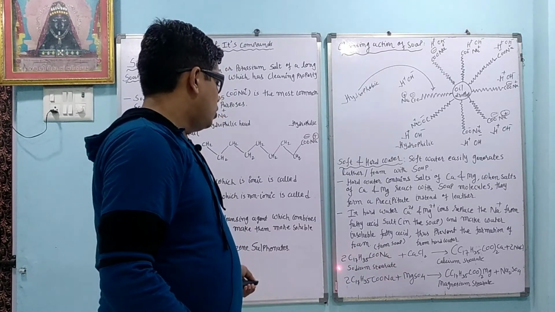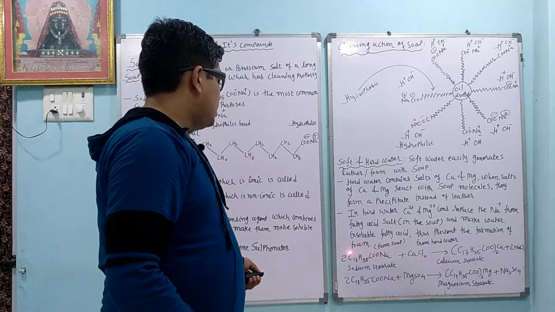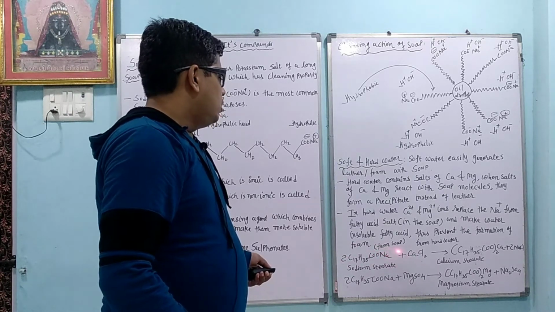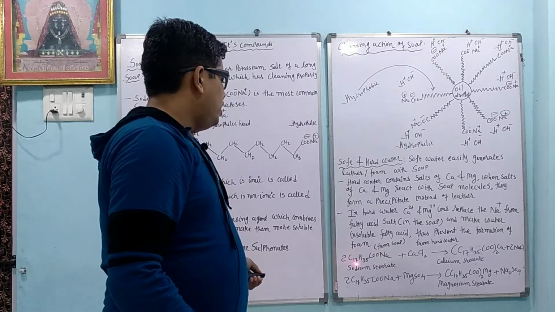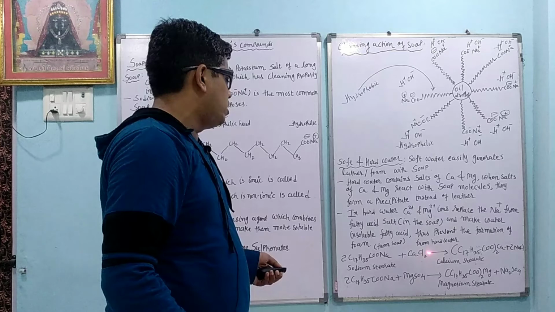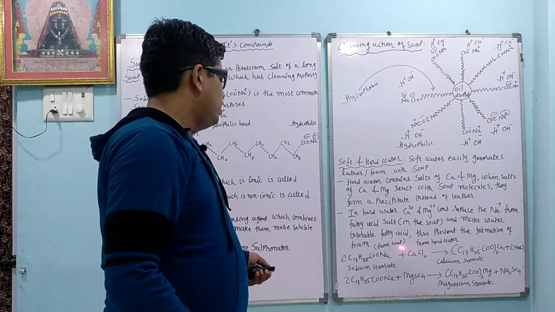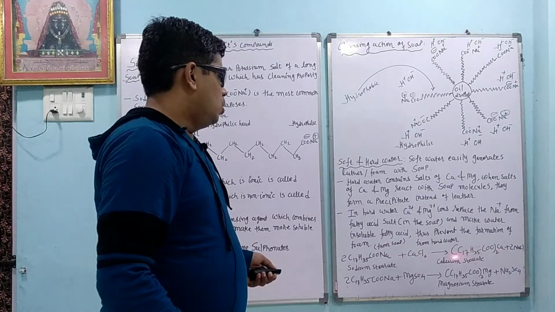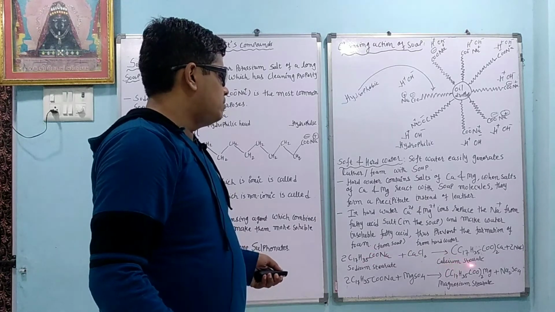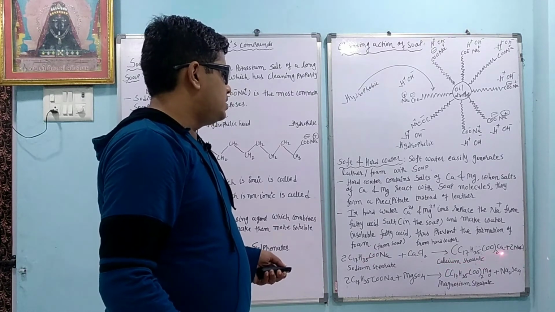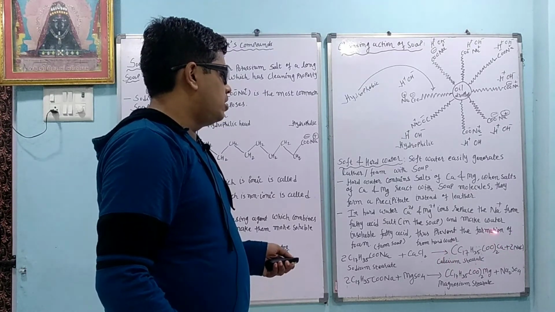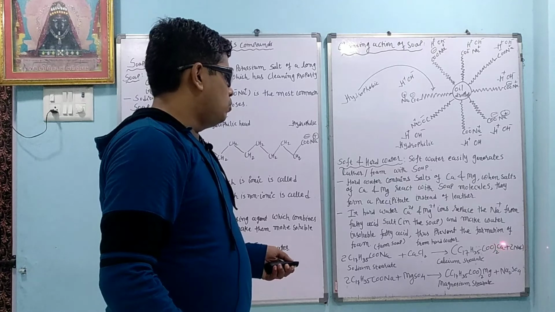This is the example of soap. This COONa has a tendency to react with the dirt, but when calcium is present in the water, the calcium will replace the Na. So it makes the calcium salt of soap, calcium stearate, plus 2 moles of NaCl. So it cannot react with the dirt, a precipitation reaction occurs, and the foam is not produced.